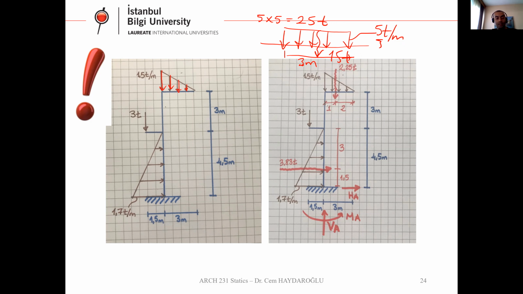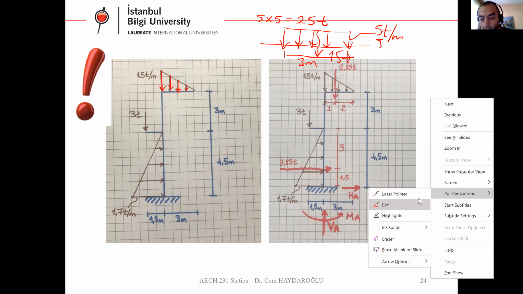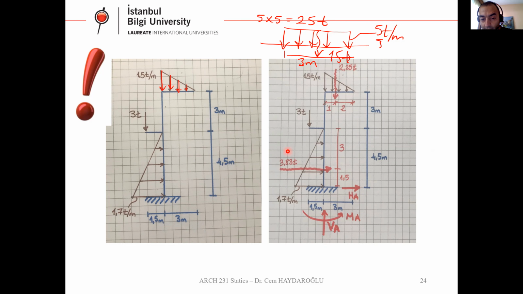In our question, we have two distributed loads. Have a look at the right sketch. One is in horizontal direction. If we calculate the triangle's area, we are going to get 3.83 tons. That's okay. The magnitude here is coming from the area of this triangle. And its total height is 4.5 meters.